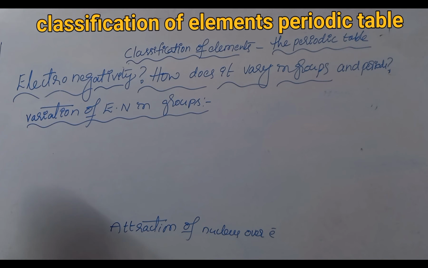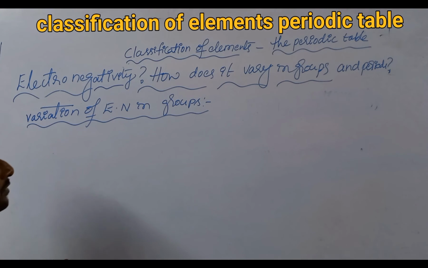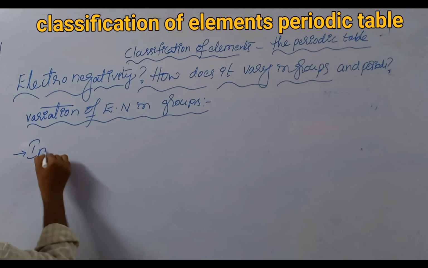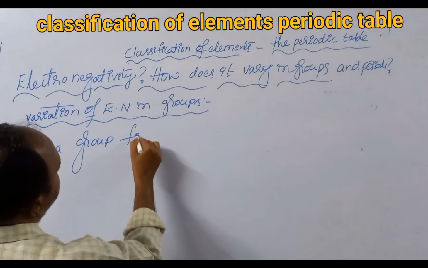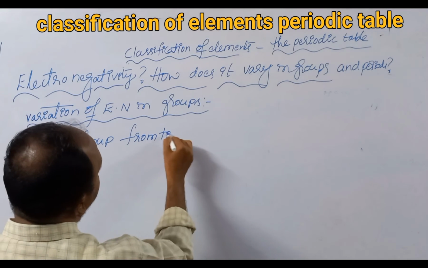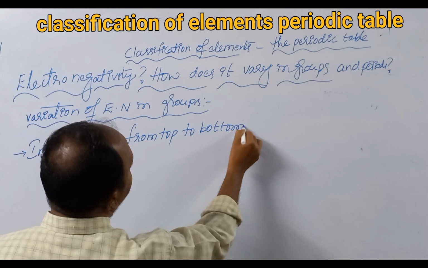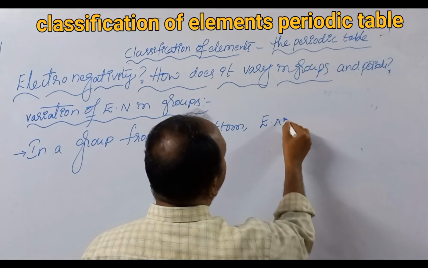According to that, we can explain how electronegativity varies in groups and periods.